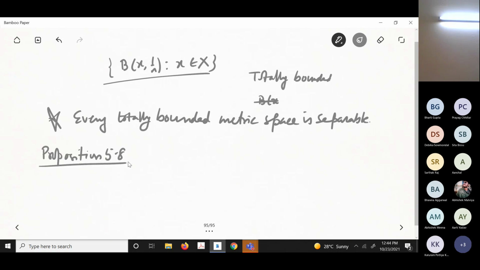to understand, because I have given all the lemmas. So what I'm saying is, if you have a metric space and we take a sequence of distinct points, that means xn not equal to xm whenever n not equal to m, this we call a sequence of distinct points.